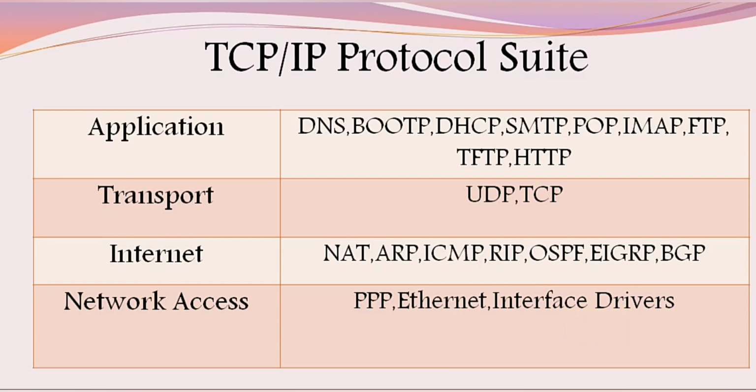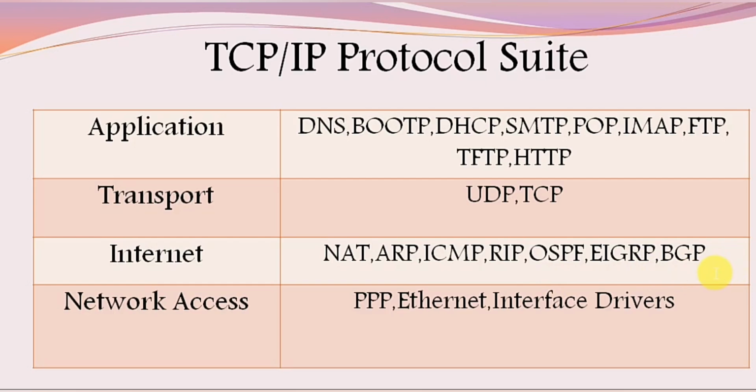Now let us see what the protocols involved in the internet layer are. This internet layer has the protocols NAT, ARP, ICMP, RIP, OSPF, EIGRP and BGP. Among these, RIP, OSPF, EIGRP and BGP, these 4 protocols are used as routing protocols.